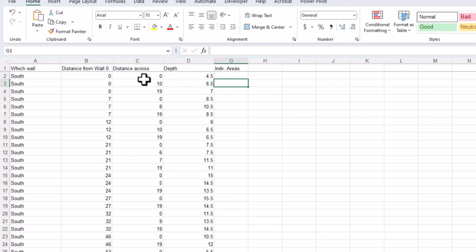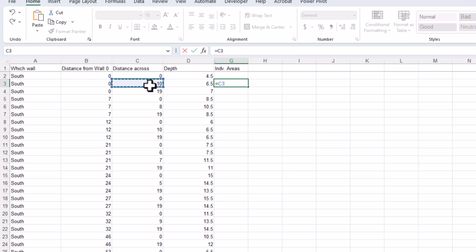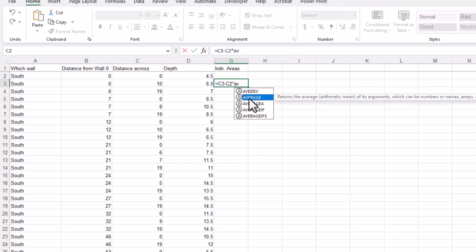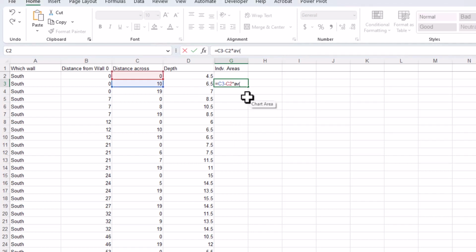So I want to calculate the area from 0 to 10 inches, where 0 is measured at 4.5 inches deep and 10 inches across is 6.5 inches deep. So let's just do that calculation. We're going to calculate the area by saying it equals this value minus this value times the average of this value and this value.